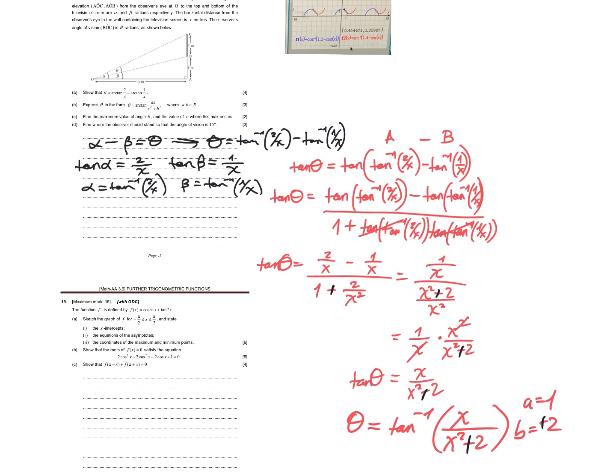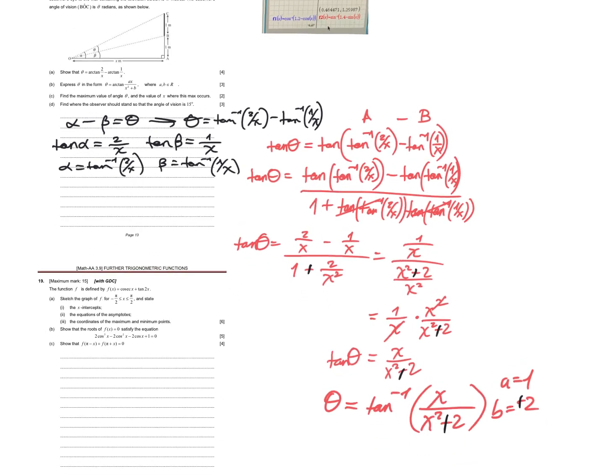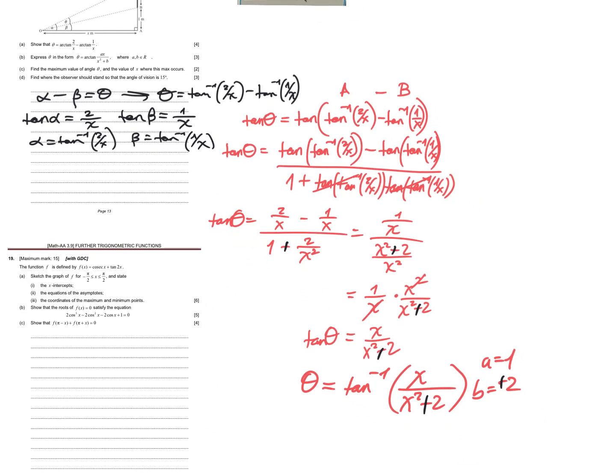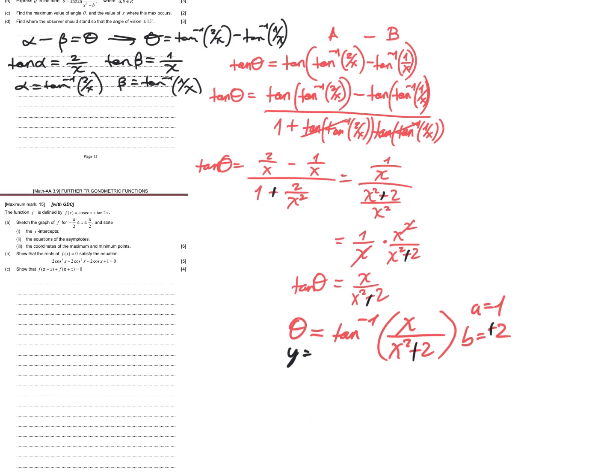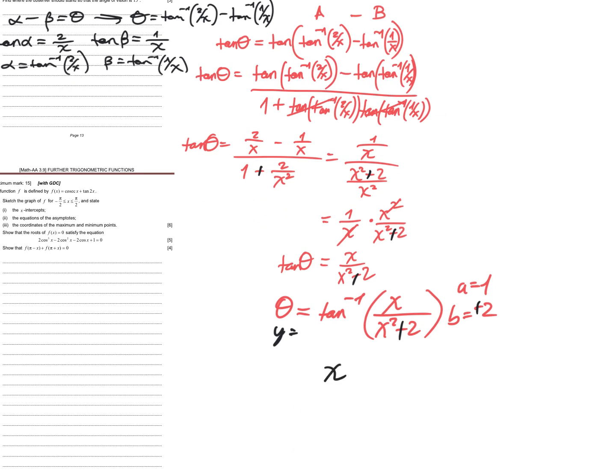So with graph and calculate, thankfully, we're going to put this into the graphing calculator and find the maximum. It's just like y equals, basically. So x ends up being 1.41, which is root 2.